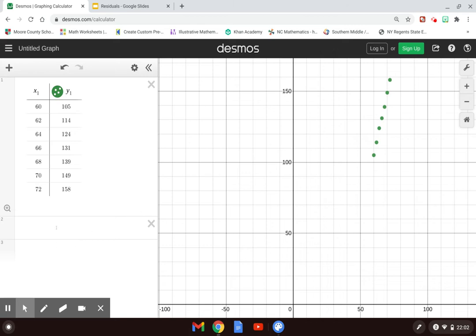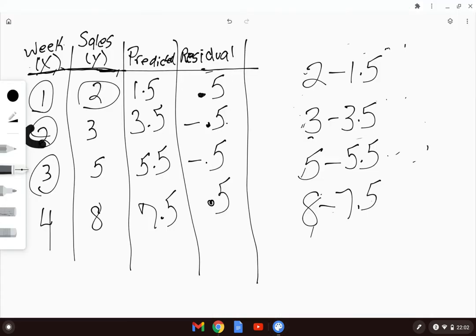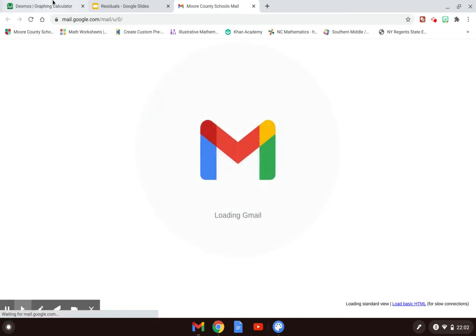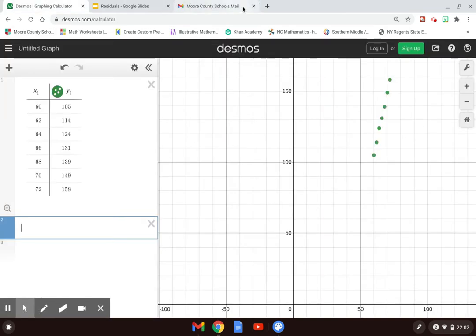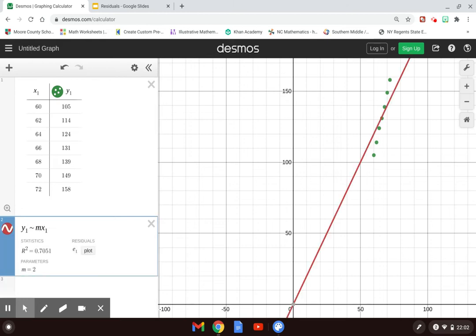Okay, now again, what is it that we want to do? We want to plot the residuals, because if we allow Desmos to plot the residuals for us, Desmos will do all of this math right here for you, and at the same time, it will give you a plot that you can use. Okay, so let's come down here and we'll do y1 is approximately mx1 plus b.